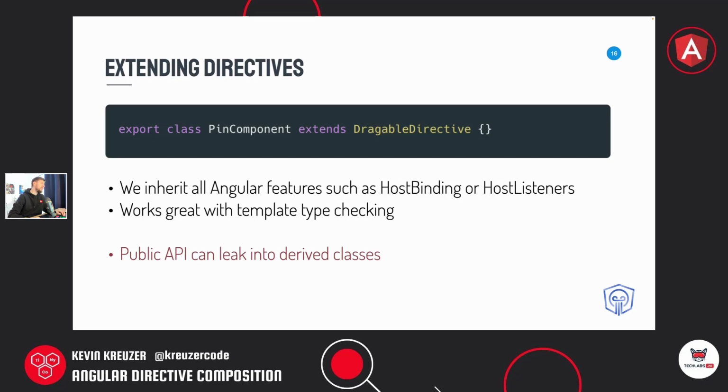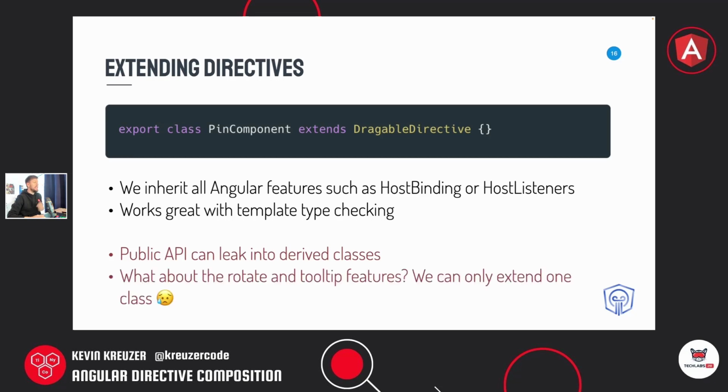And with that, we could probably still live, but there is a bigger issue here. And the bigger issue is that we can only extend one class. So what about the rotate and the tooltip features? How do we get them? This is not really possible with inheritance. And that's exactly where host directives come in.